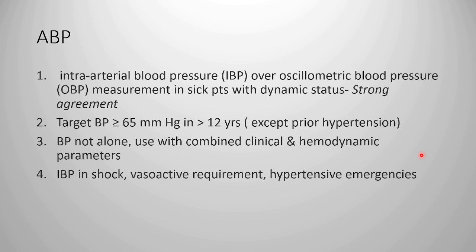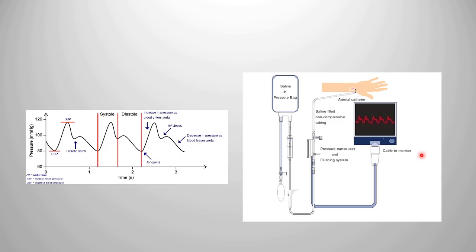They've given a cutoff that for more than 12 years the target blood pressure is more than 65, except for example if the child was previously hypertensive, their baseline may be a bit higher. But still blood pressure should not be used alone, it should be combined with clinical and hemodynamic parameters. Also in cases of shock, it's logical that for vasoactive requirements we should use intra-arterial blood pressure.